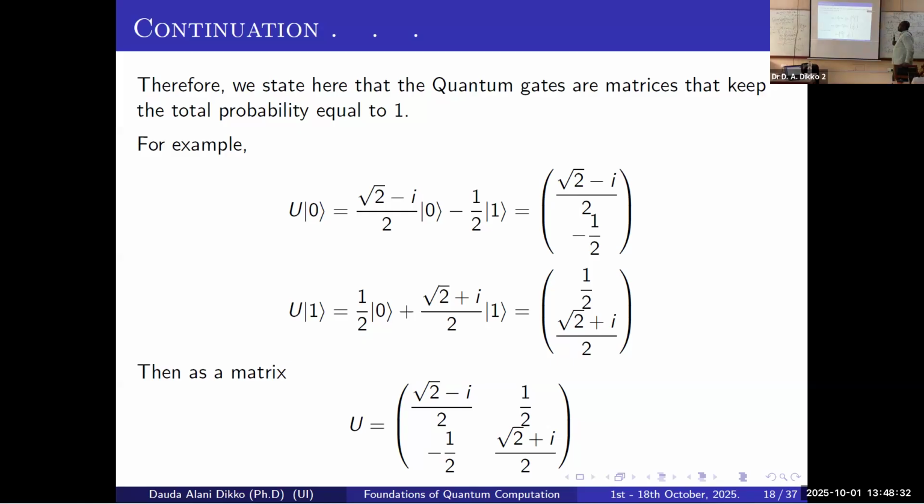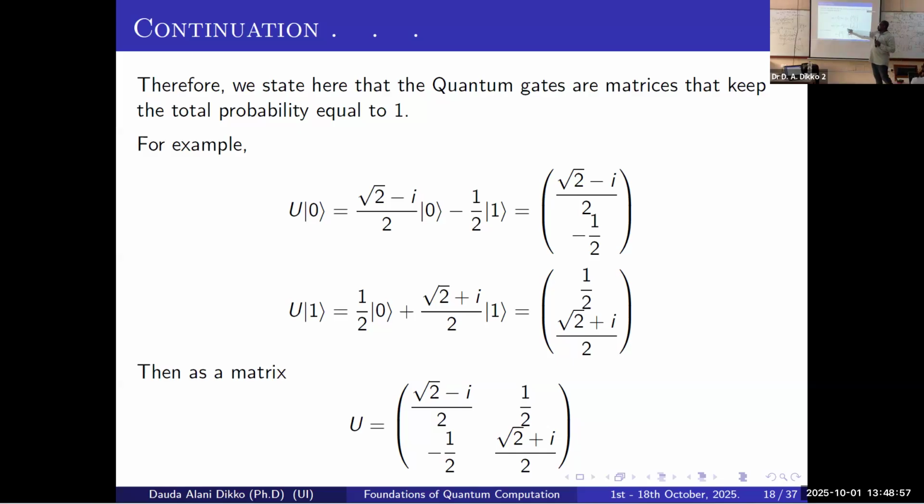the gate U acting on ket 0 with the complex linear expression that you have, just like you did using alphabet, which is a more general term, but now you have 3 particular complex-valued functions. If you apply your U on it, it gives you this transformation.